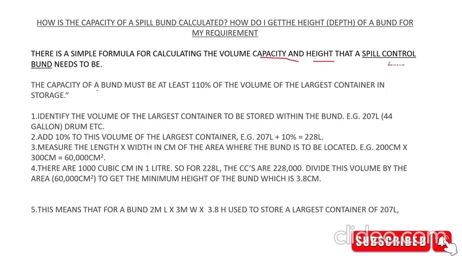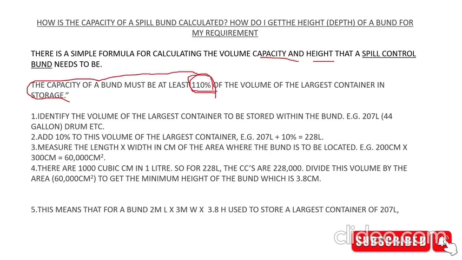The capacity of the bund must be at least the 110 percent rule of the volume of the largest container in the storage. I hope you guys understand this 110 percent rule.